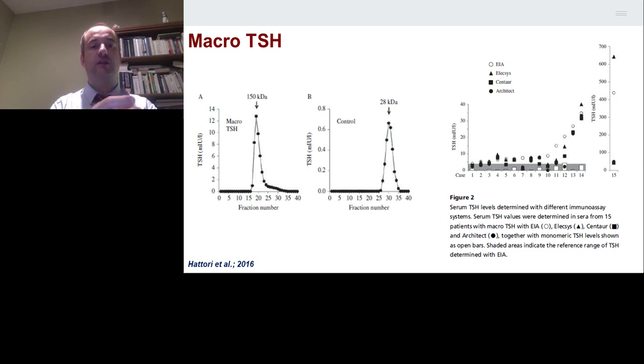So you can easily calculate the ratio, the baseline value, the value after the PEG precipitation. You can estimate the recovery and see if your immunoreactivity is mostly related to a real TSH or to a macro form, a macro complex.